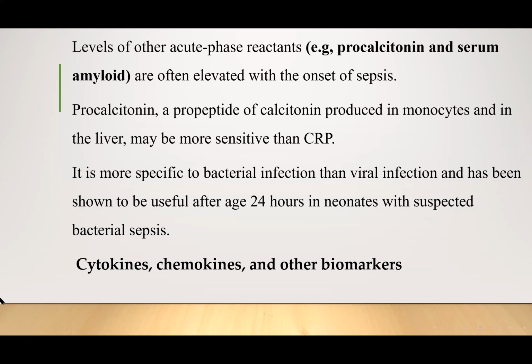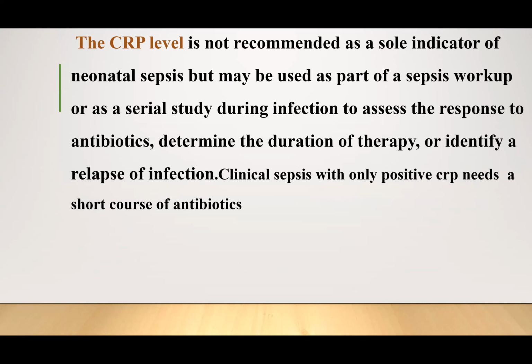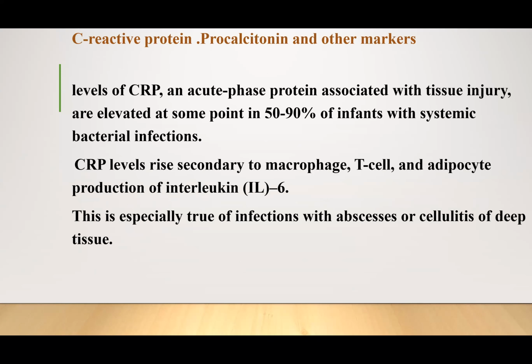There are others like cytokines, chemokines, and other biomarkers. But now we have CRP, we also have procalcitonin, and we have the neutrophil markers, which are the immature to total neutrophil ratio, the IT ratio.